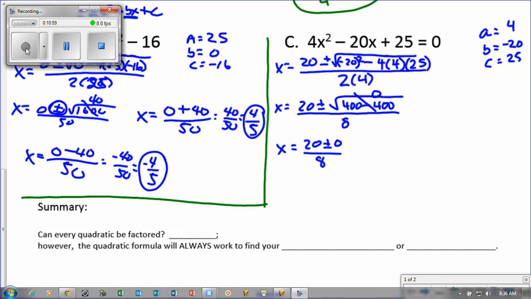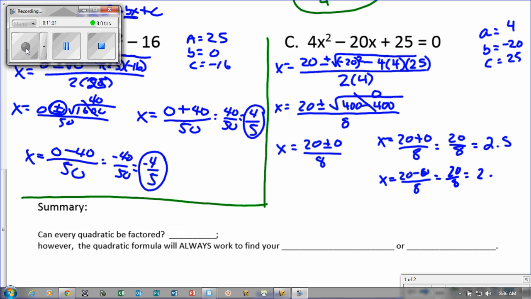Okay, you could take the time to do that if you want. So if you do that, 20 plus 0 over 8, and then you got 20 minus 0 over 8. But watch what happens. I get 20 over 8, which is basically 2.5, right? And over here I get 20 over 8. So I get the same solution. So there is only one solution for this.